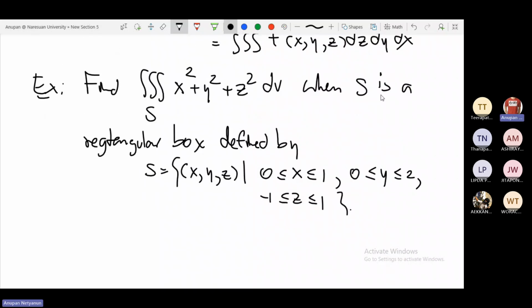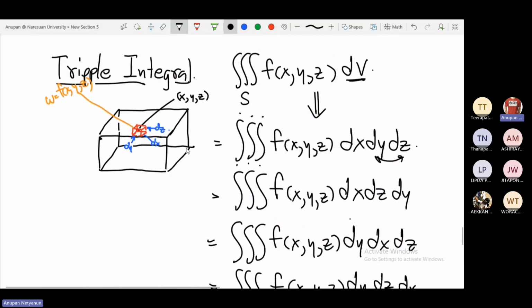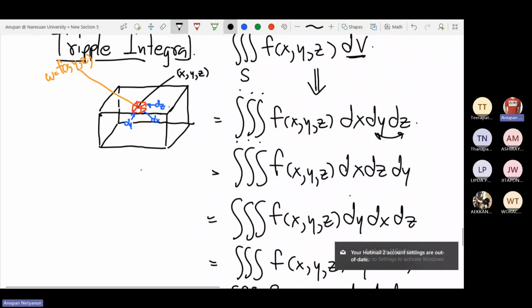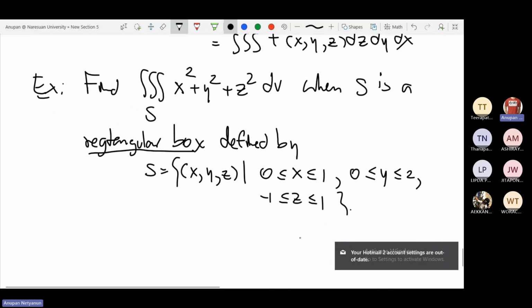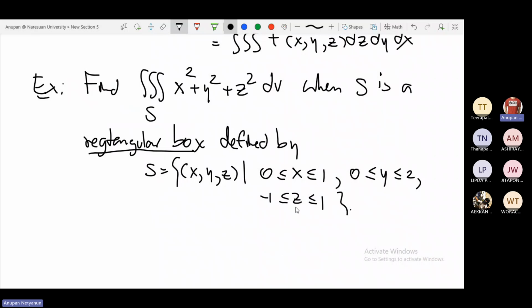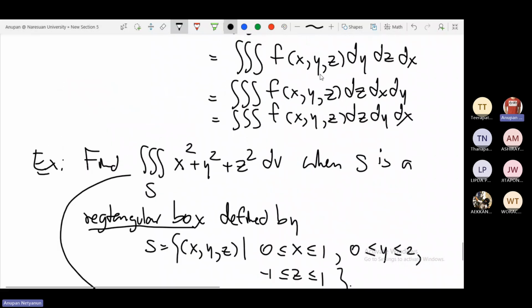Then you can see that it already gives you an idea that S is a rectangular box, so it's the simple object. The running number for x is 0 to 1, for y 0 to 2, z is from -1 to 1. They are all numbers, so you can change this form into any of these 6 forms.